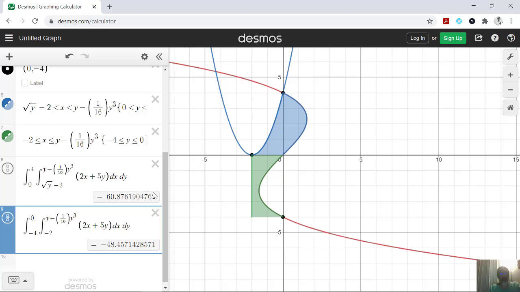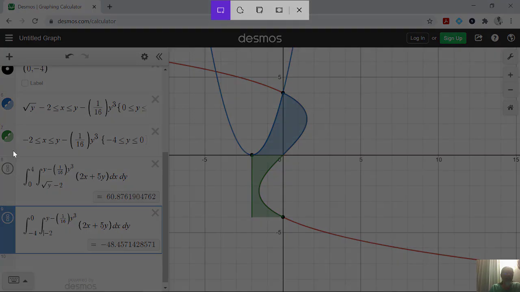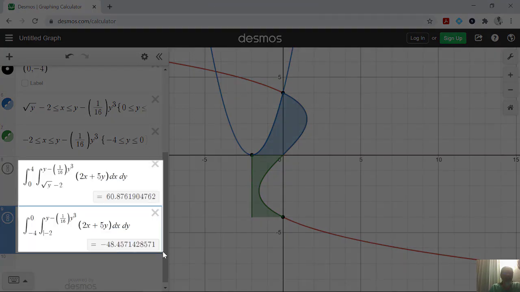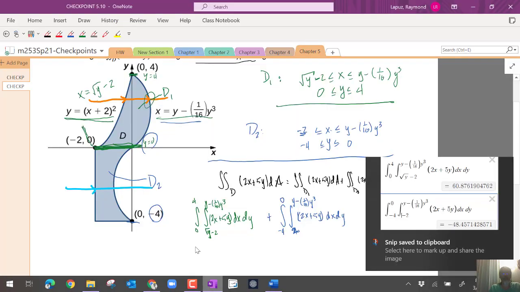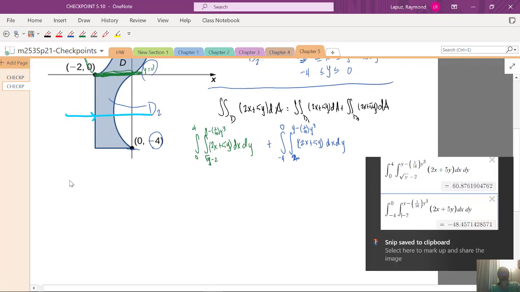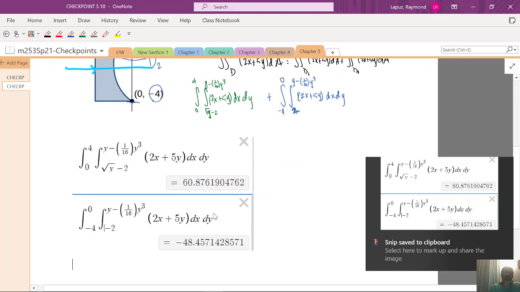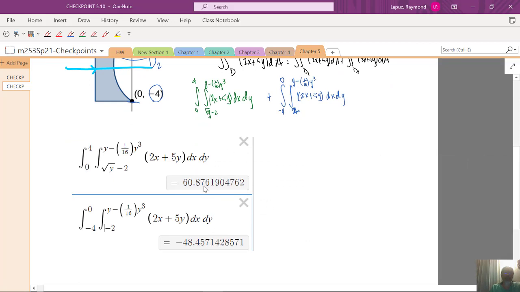So if we add these two, we're going to get the sum of what we actually want. So let's put those there, and then we add them up. We're going to get approximately 12 point something.